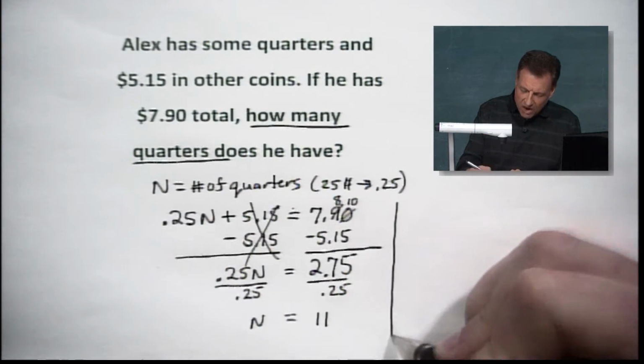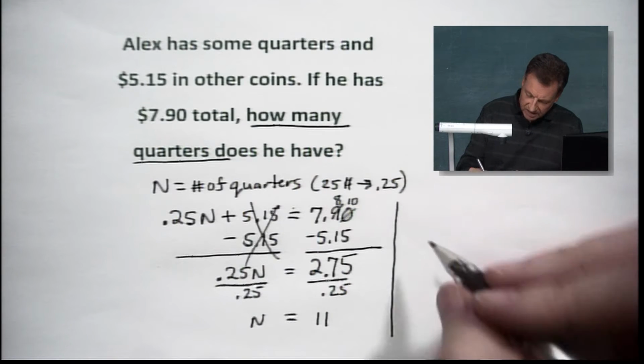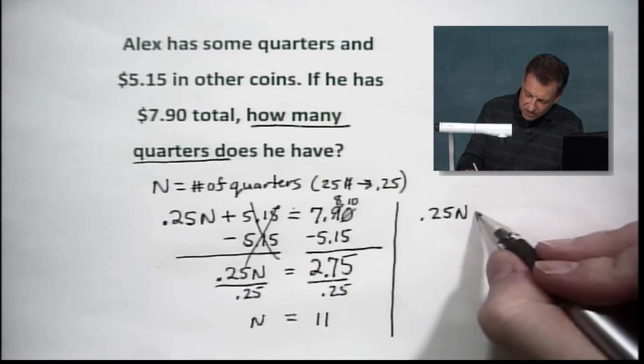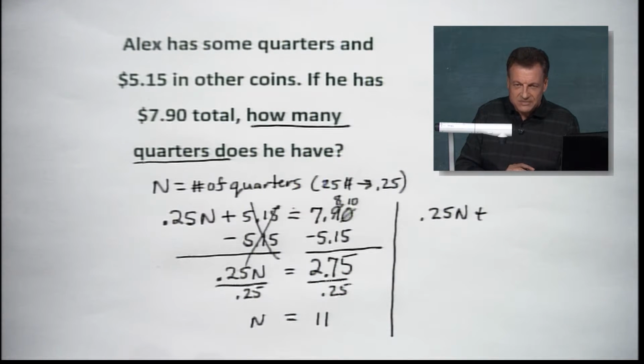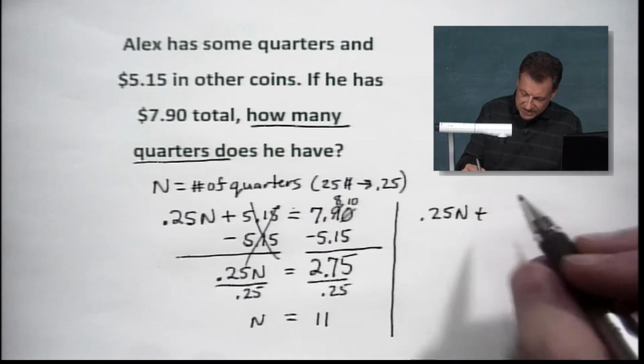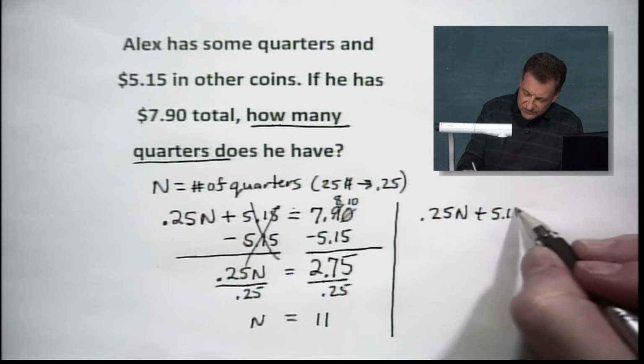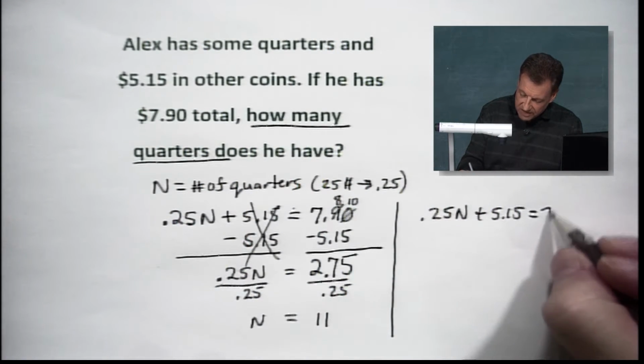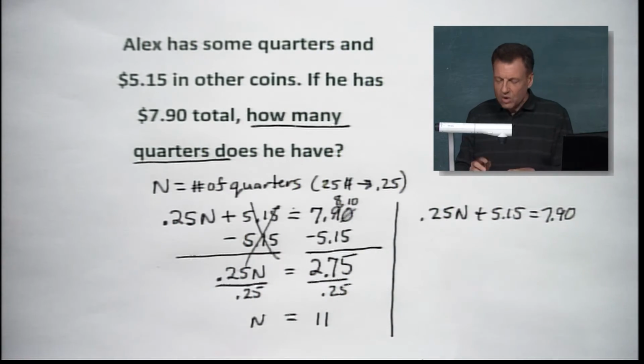Quick check. We always like to make sure the problem works. And I think we're going to be good. You know we're going to be good. This is Mathline, right? So we have 25 cents times our number, which we are going to put in just a second. We've got $5.15 already with coinage. Now we're going to have a total of $7.90. We're not resolving this.